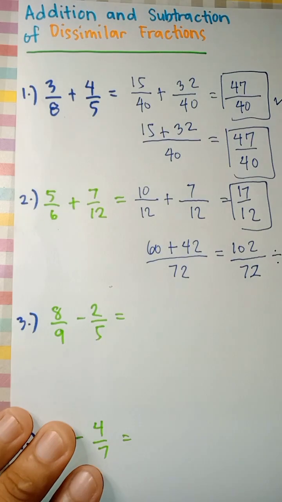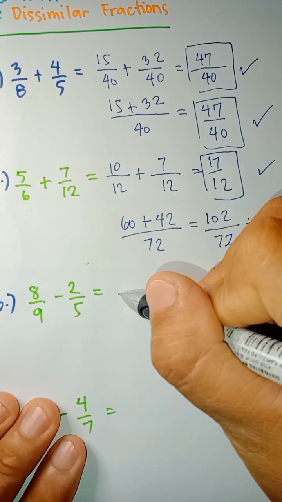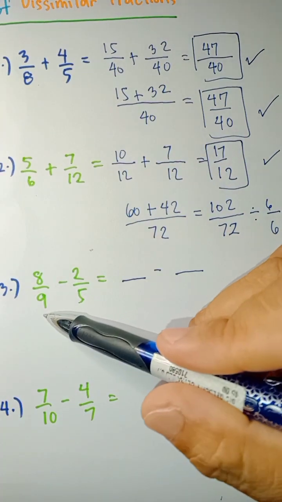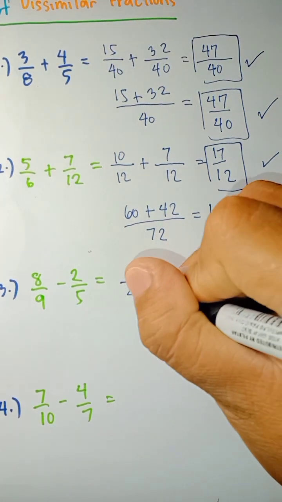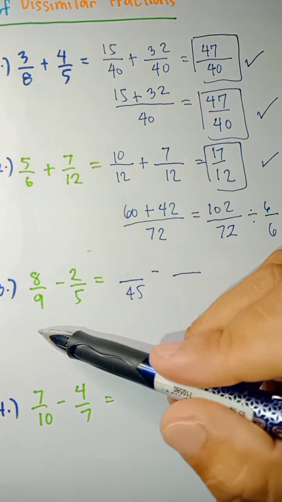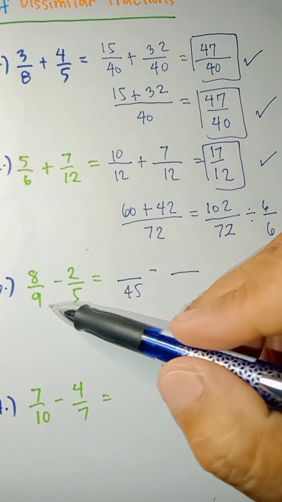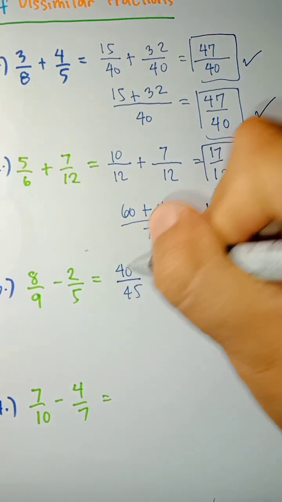Again, let's use this LCD method. Now, the LCD of 9 and 5 denominators is 45 because the LCM of 9 and 5 is simply 45. 45 divided by 9 is 5 times 8 is 40.